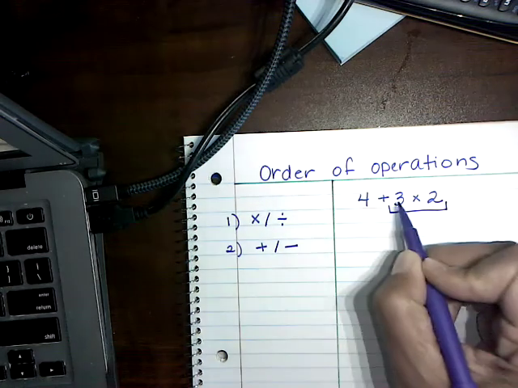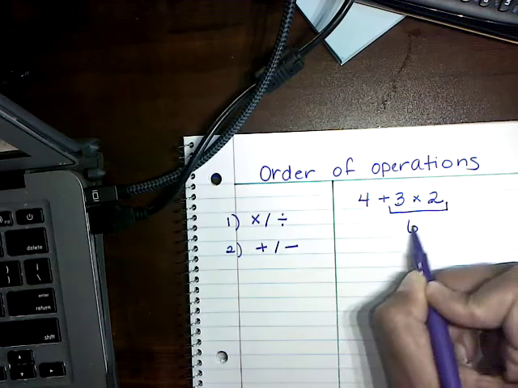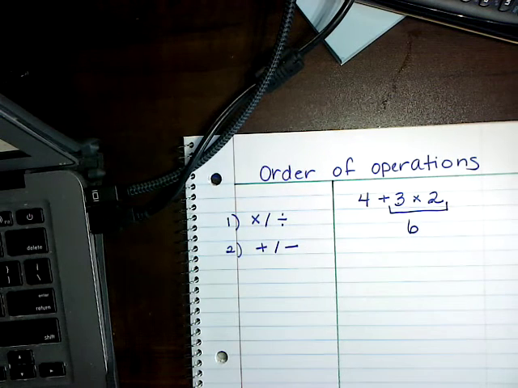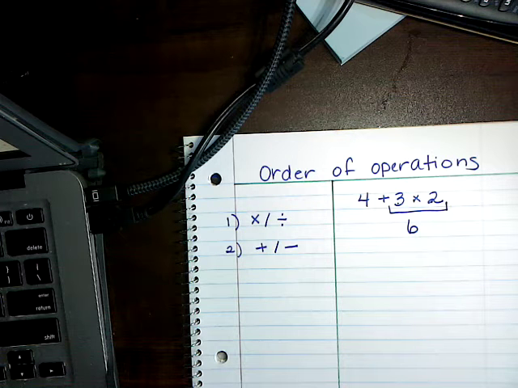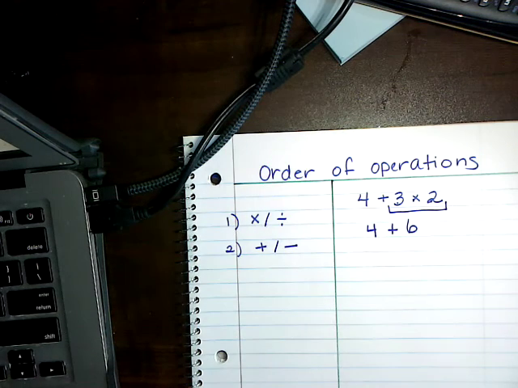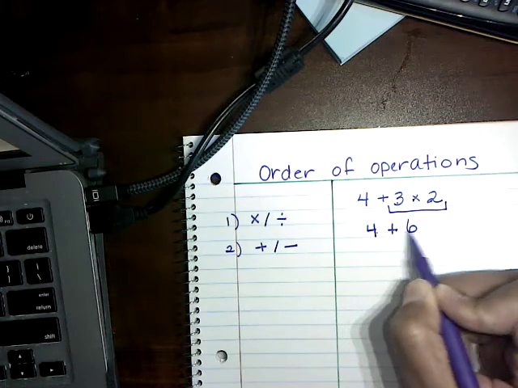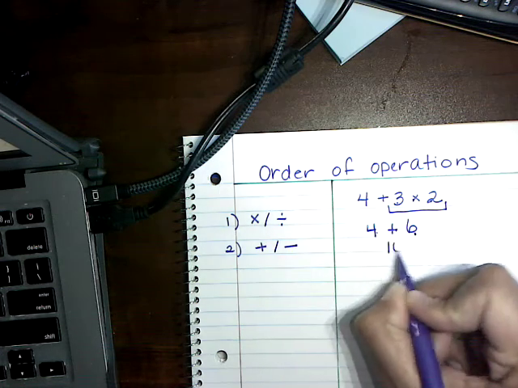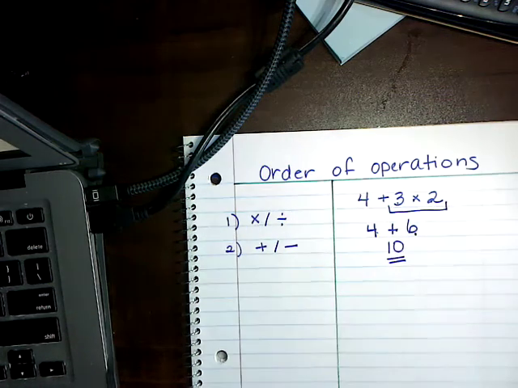Very good. 3 times 2 is 6. Write that down. I need you to just walk around and make sure they're writing it down and that they're writing it down correctly. And then plus 4. 4 plus 6 is 10. That's your answer.